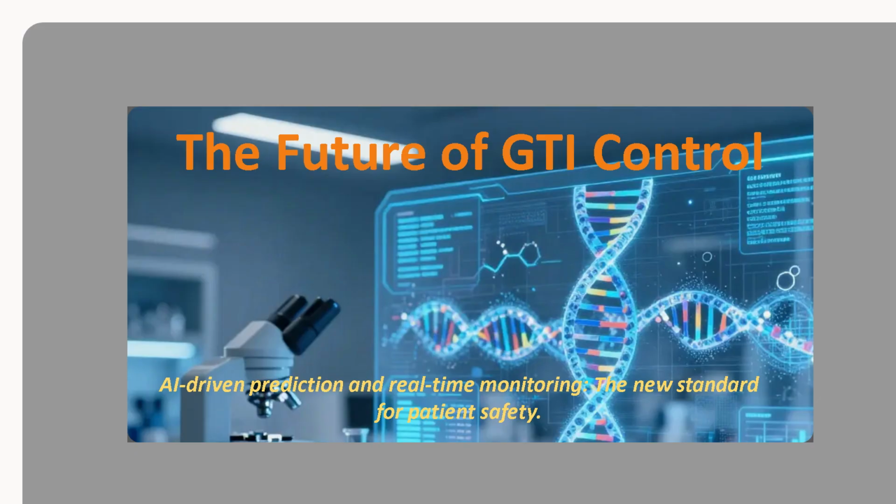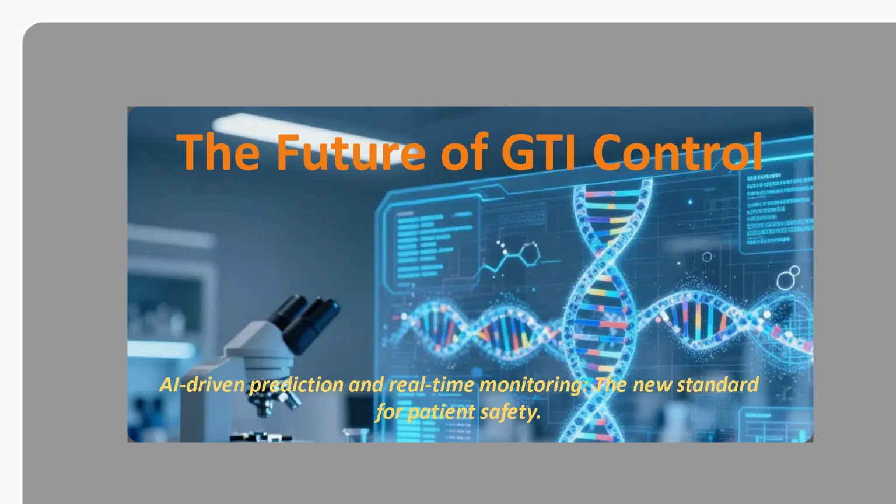Looking ahead, the future of genotoxic impurity control is becoming increasingly technology-driven. Artificial intelligence and machine learning are now being used to predict mutagenic risks even before synthesis begins. At the same time, advances in analytical instrumentation and real-time monitoring systems are enabling continuous detection of impurities during manufacturing.